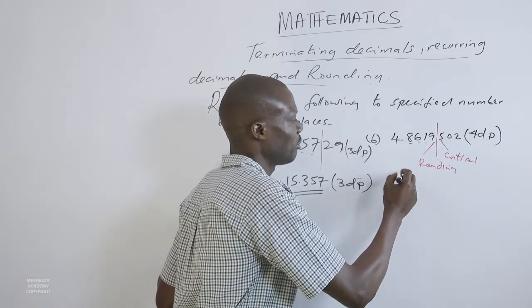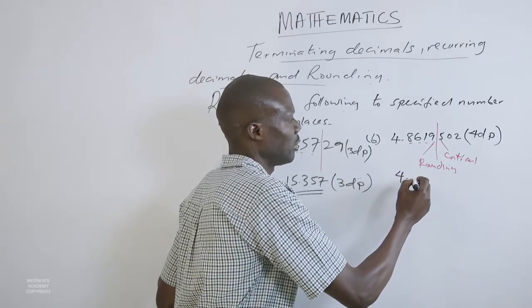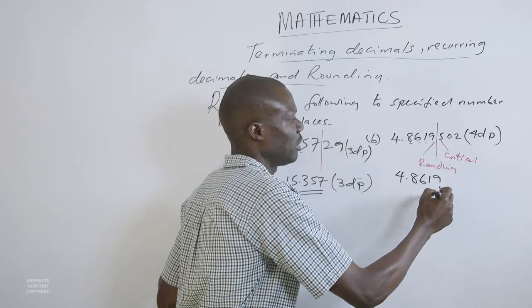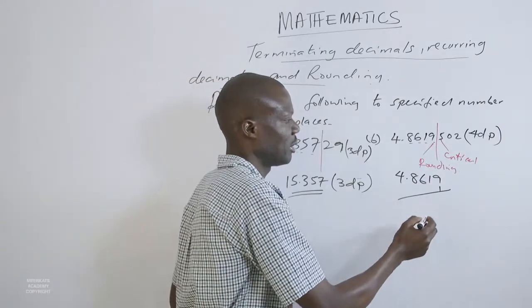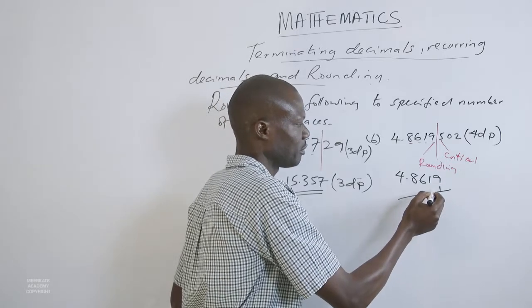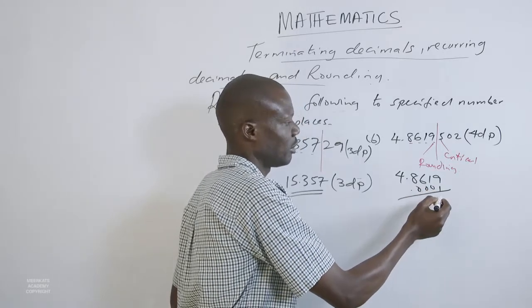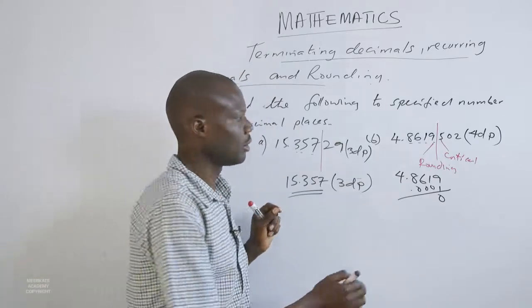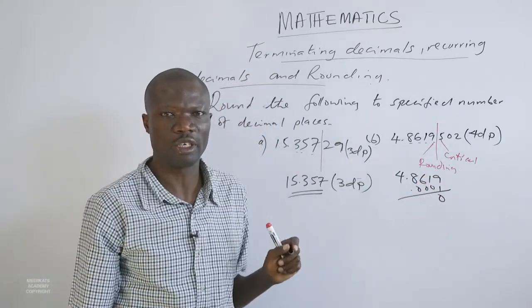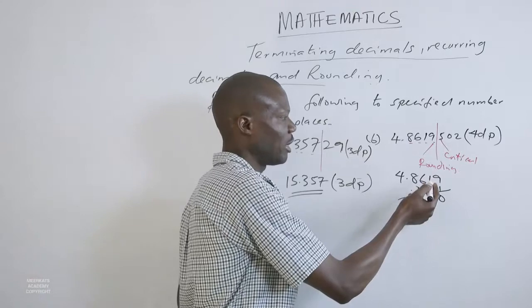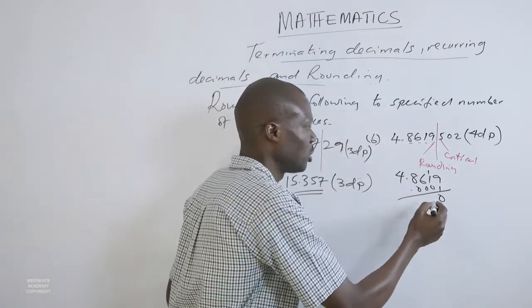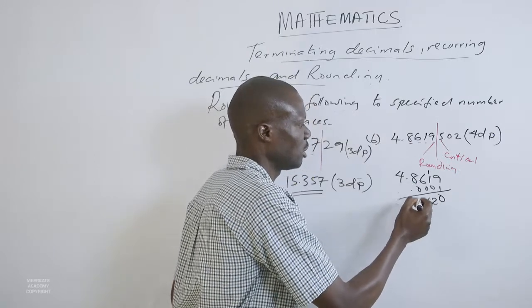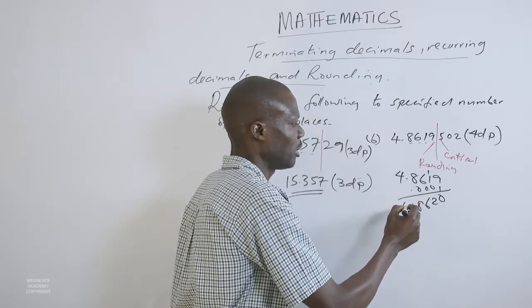So we are talking of 4.8619. We are increasing by 1. So this one will give us 0, because 9 plus 1 is 10. Carry 1. Then 1 add 1 gives us 2. This is 6. This is 8. Point and then 4.